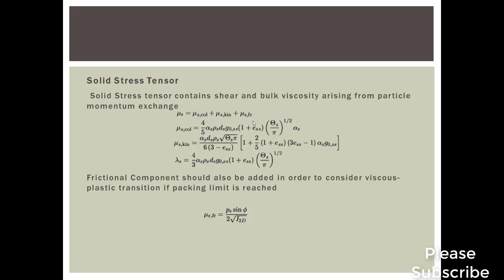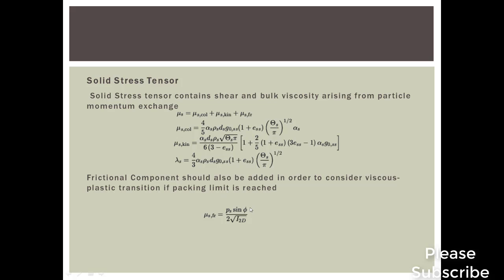If it is more than 0.63, then there is every probability that the two particles start rubbing each other. That is the frictional part which we need to consider. Now the fluid would be turned into a viscous plastic transition region. So in that case, if it is more than 0.63, automatically it will involve this frictional coefficient also into the solid stress tensor calculations.